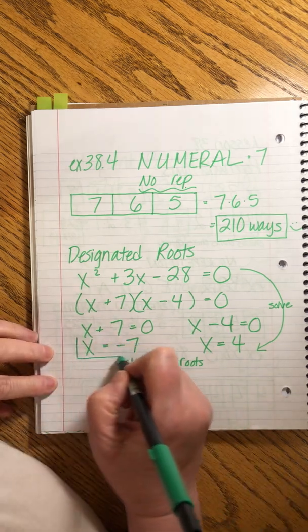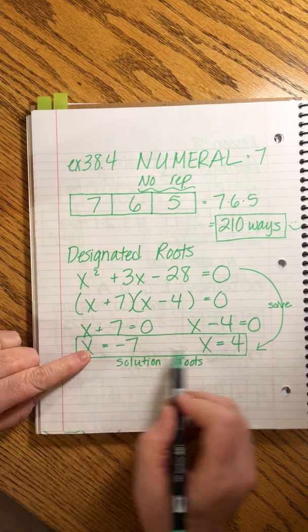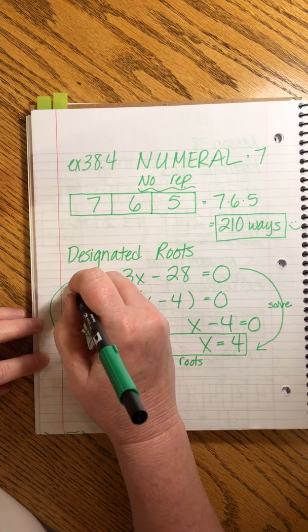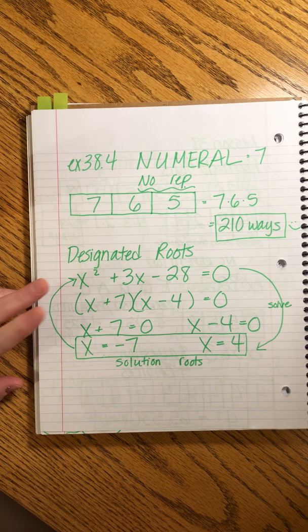This is the answer. Let me just put the box around it. What we're going to do is be given the roots, and go backwards and turn them back into the equation. That's kind of weird, isn't it?